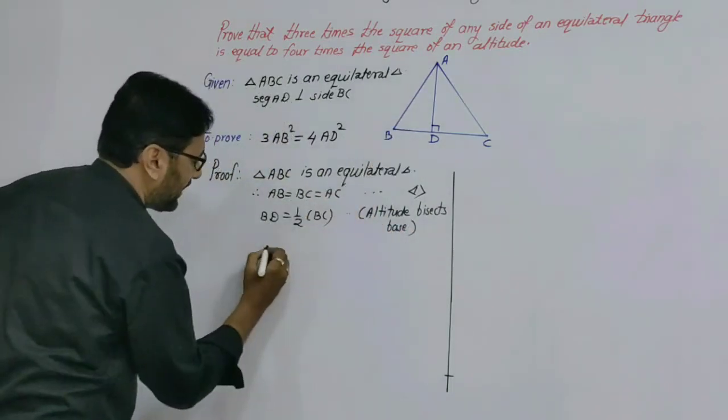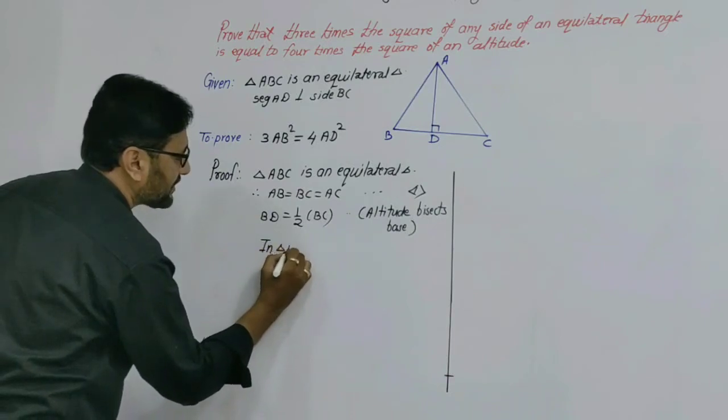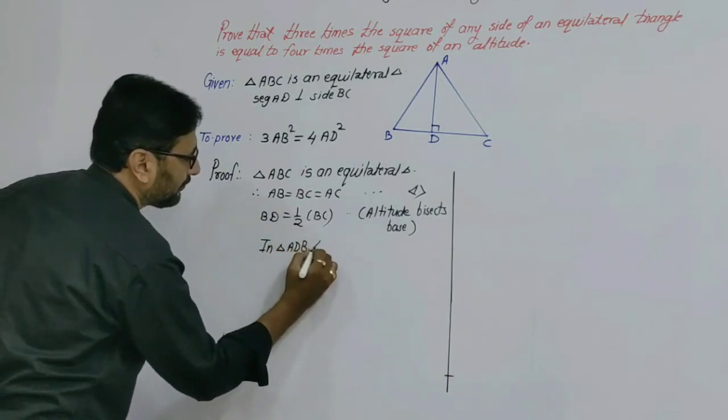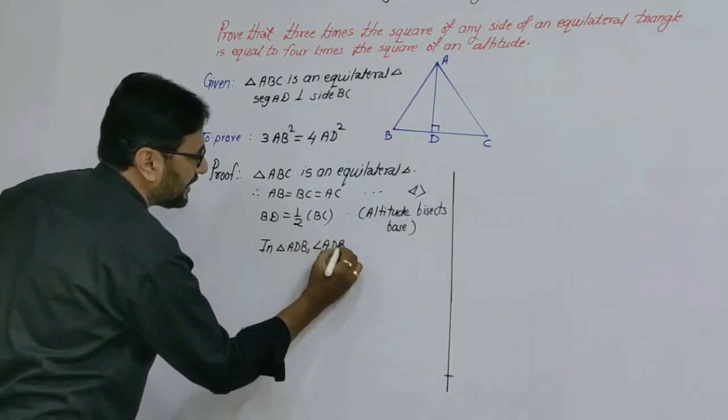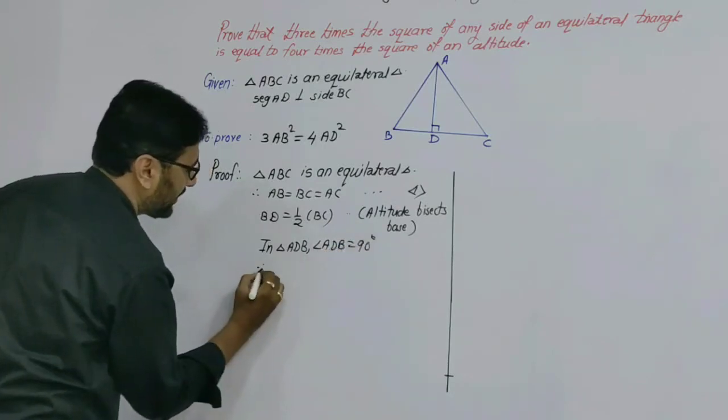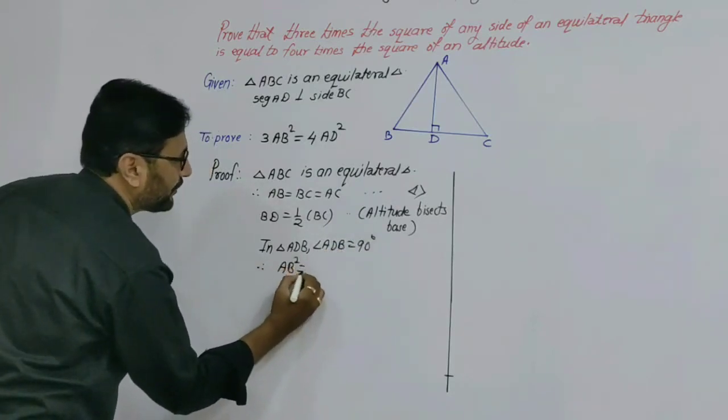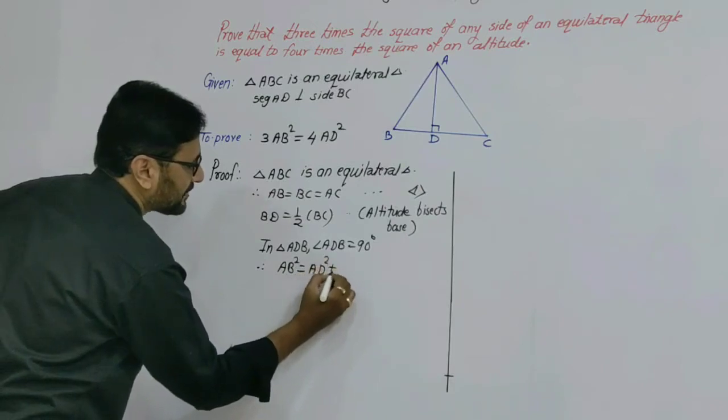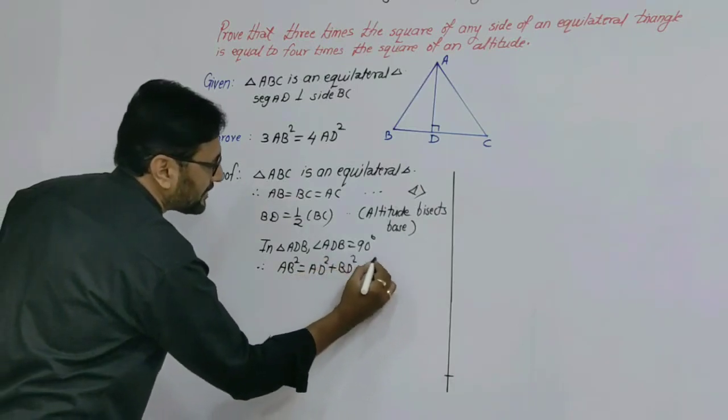So in triangle ADB, angle ADB is equal to 90 degrees. So use Pythagoras theorem. AB square is equal to AD square plus BD square. Reason by Pythagoras theorem.